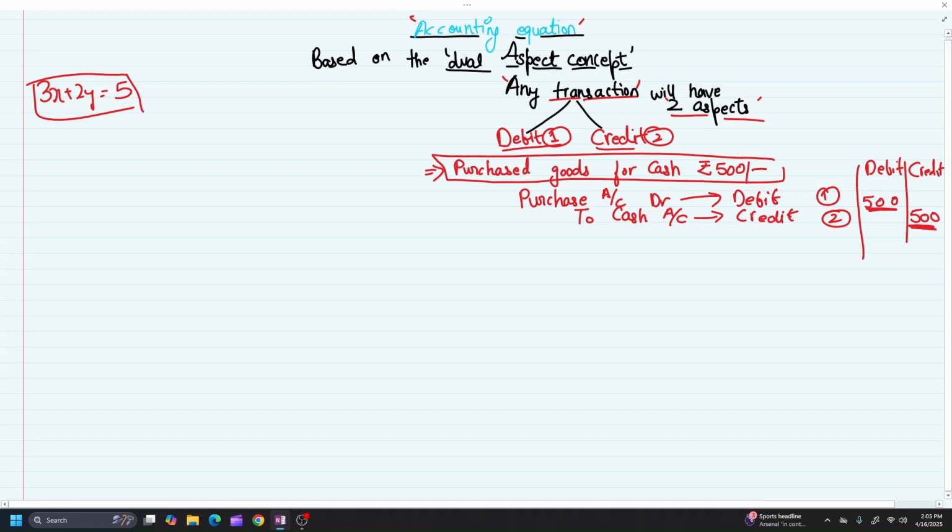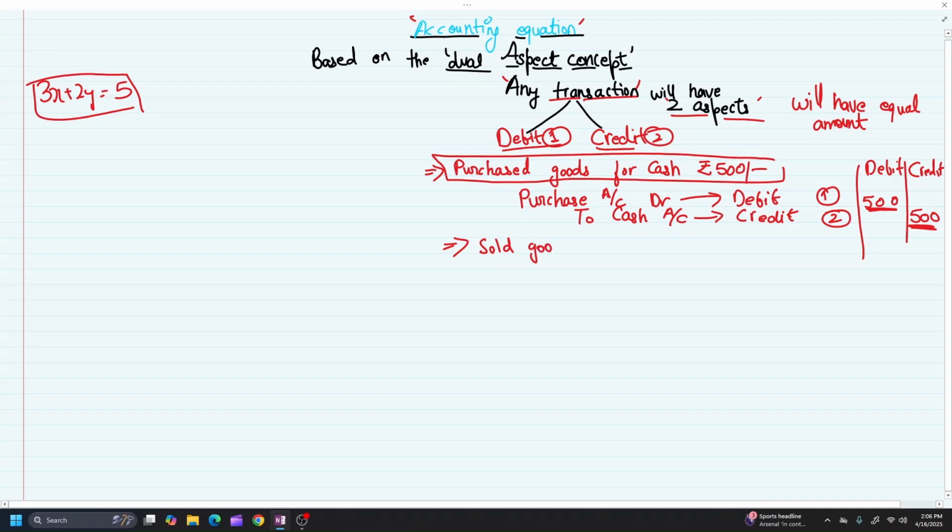The amount needs to be equal only. Right? That is what this dual aspect concept means, that the two aspects will have equal amount. Clear?